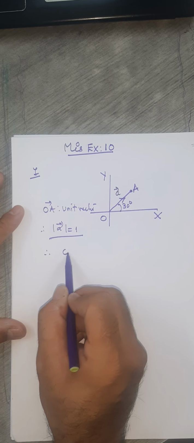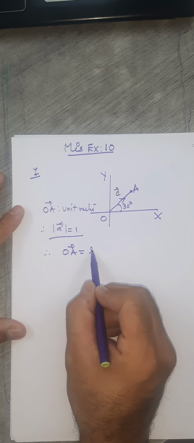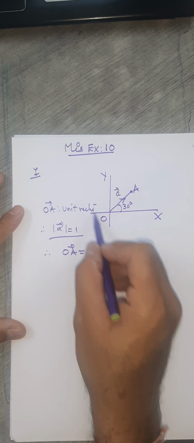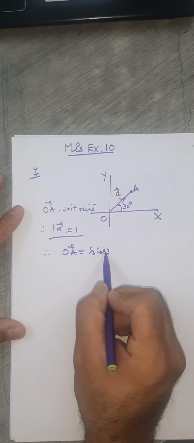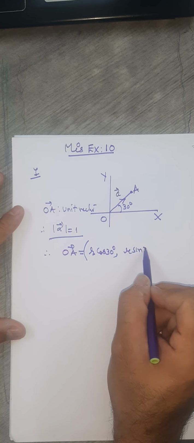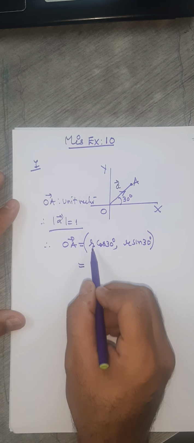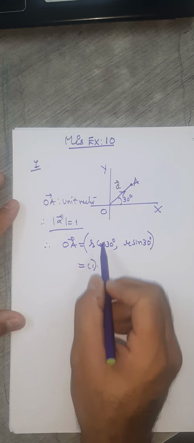So therefore vector OA is given by, if you want you can write R means length, radius, cosine 30 degree, comma, R sine 30 degree. This way we can write here. So if I just rewrite, this is 1. What is cos 30 degree?